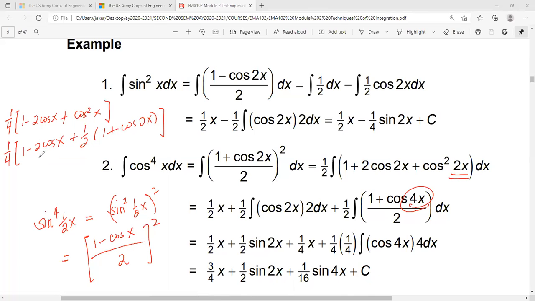So you have here 1/4, this 1 and this 1/2 gives you 3 halves. That's addition. And you have minus 2 cosine of x. And this is 1/2 plus 1/2 cosine of 2x.